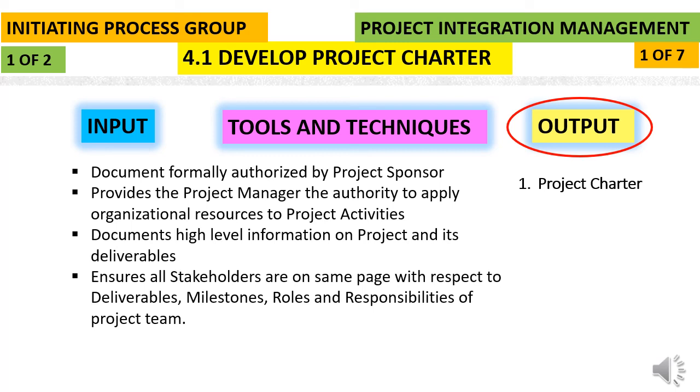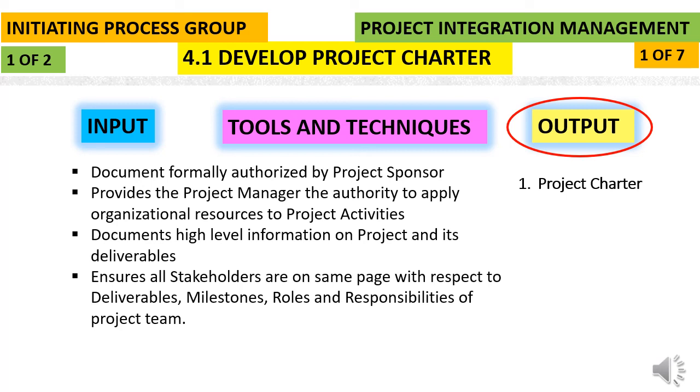But apart from that, it will contain the project purpose, why this project is initiated, and what are the measurable project objectives and their success criteria. What are the high level requirements? What is the high level project description? What are the assumptions? And what are the key deliverables?